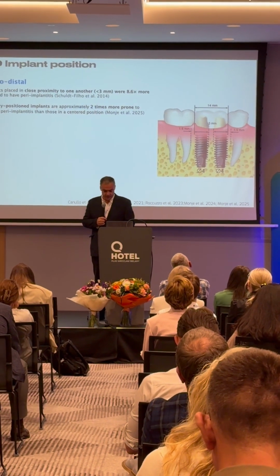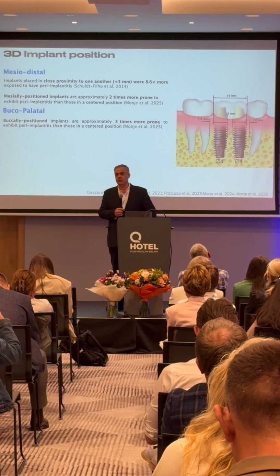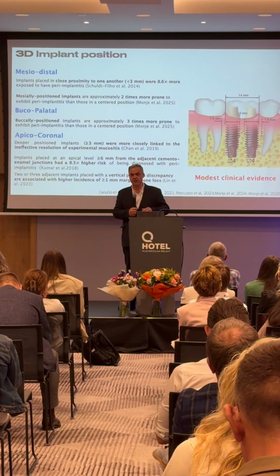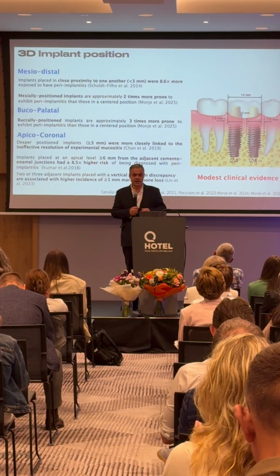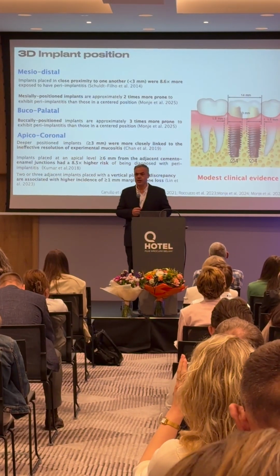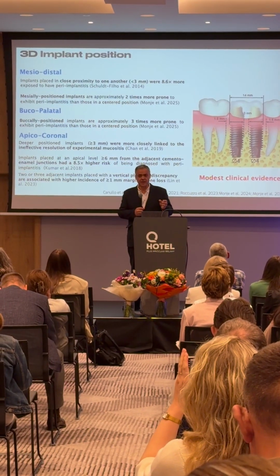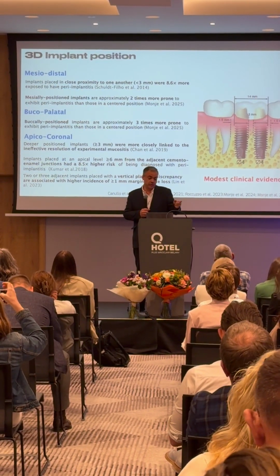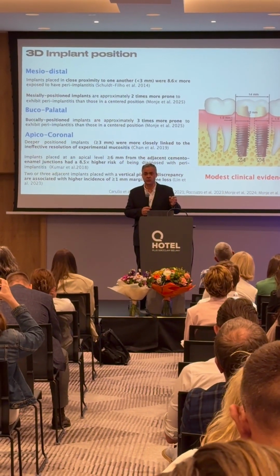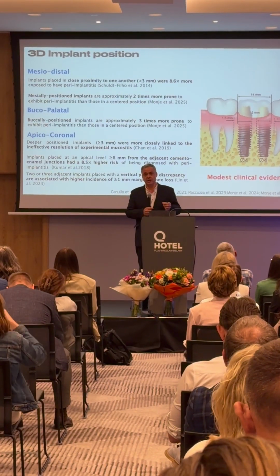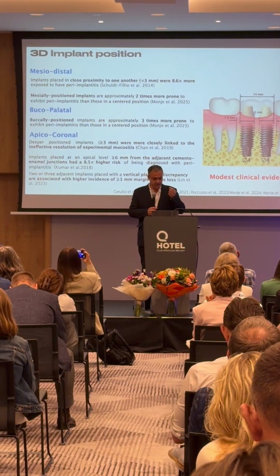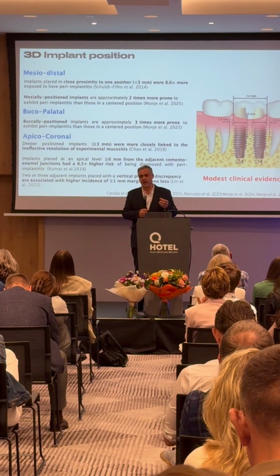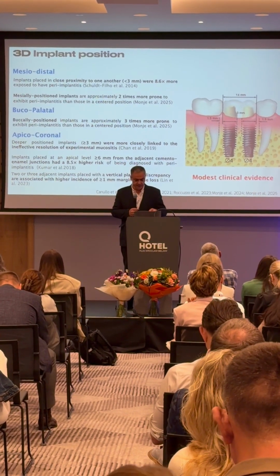When we talk about implant position, we are talking about the mesial-distal direction, apical-coronal, and buccal-lingual. If we have implants that are too close to the teeth or two implants that are too close between them, that would impair the access to cleaning, but we can also have a compromise on the vascular supply.